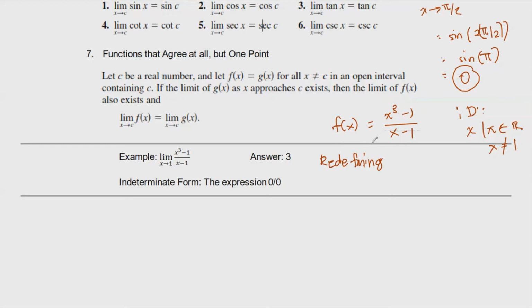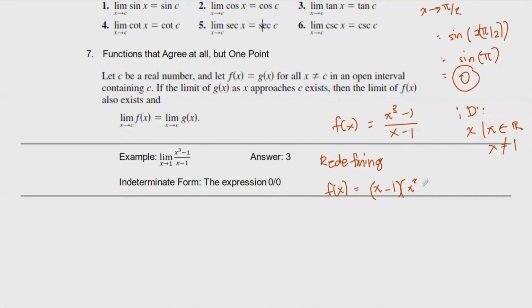So now in this case, let's try solving this. Let us try to redefine our equation by taking all the factors that we can get here. x cubed minus 1 is actually factorable. Do you still remember your factors for x cubed minus a cubed? What we get here is x minus 1, and then x squared.